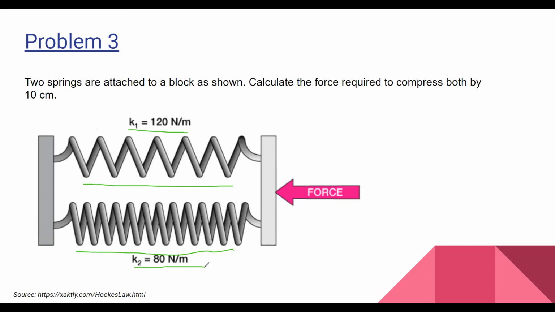They're attached together, so we have to find the total amount of force required to move this outer block inwards by 10 centimeters. So imagine it moves inwards. 10 centimeters is 0.1 meters, so we will use that in all of the calculations.